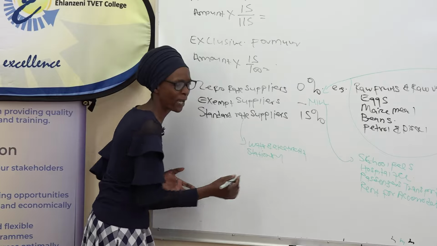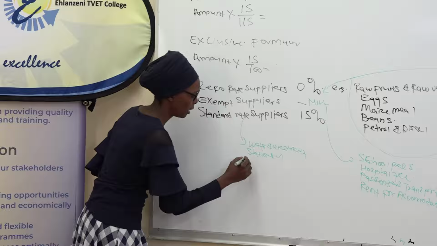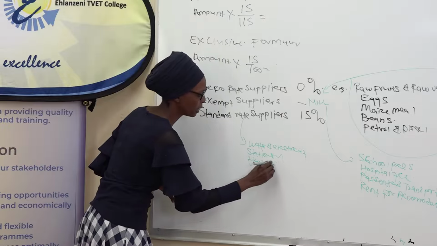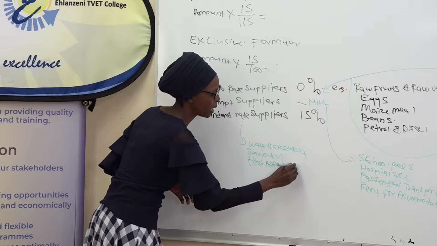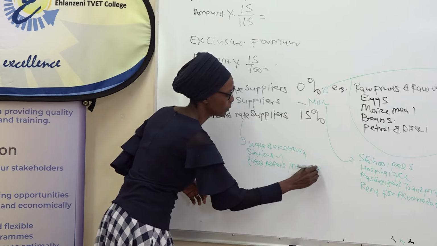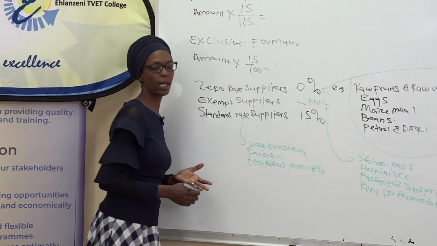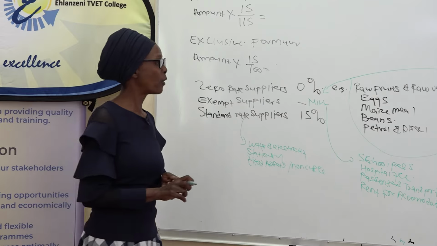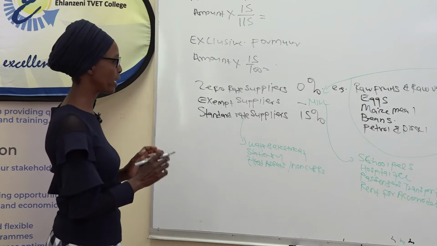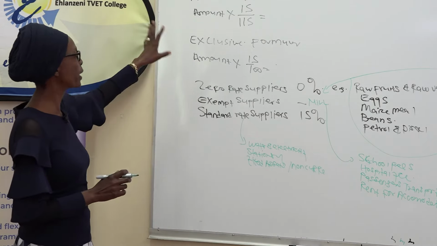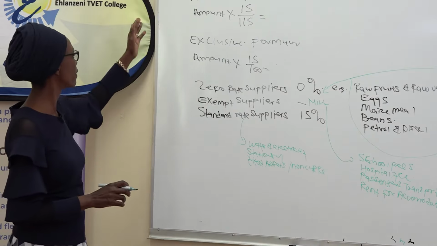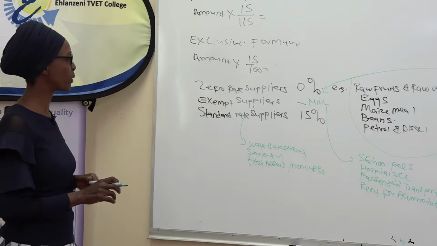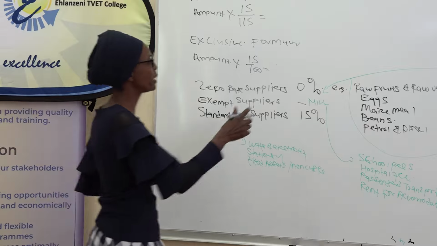It can either be vehicle, furniture, fixed assets, or we can say non-current assets, and other expenses. Then I want us to do a little calculations so that we can apply the relevant formula that I gave you, the inclusive formula and the exclusive, just to calculate VAT.